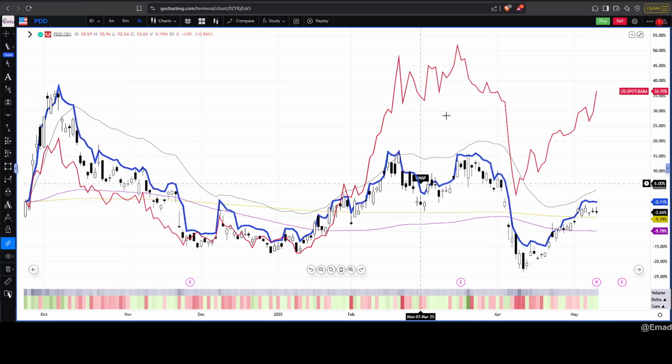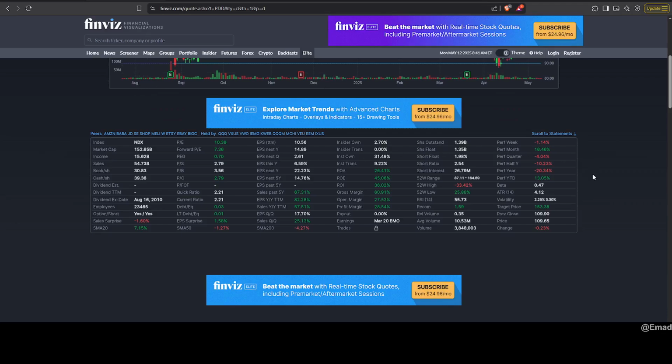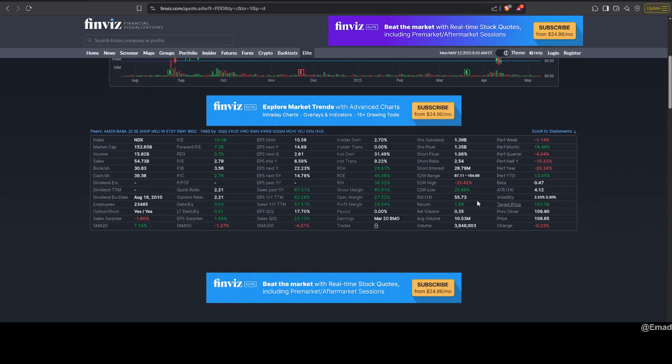Anyway, let's start planning. I'm confused between Baba and PDD. Both are Chinese. Both have very similar ATR, very similar RSI, very similar details. Baba is 300 billion market cap and PDD is 152 billion market cap.